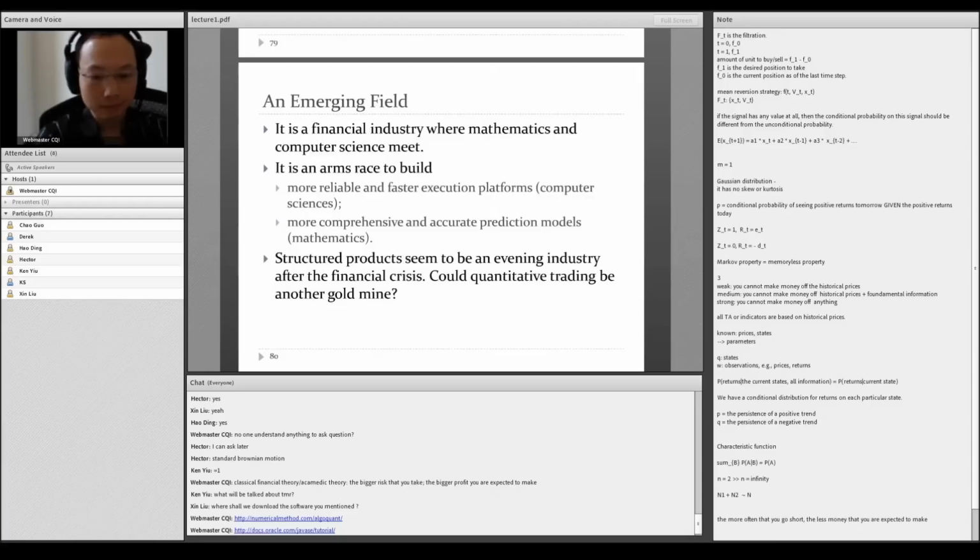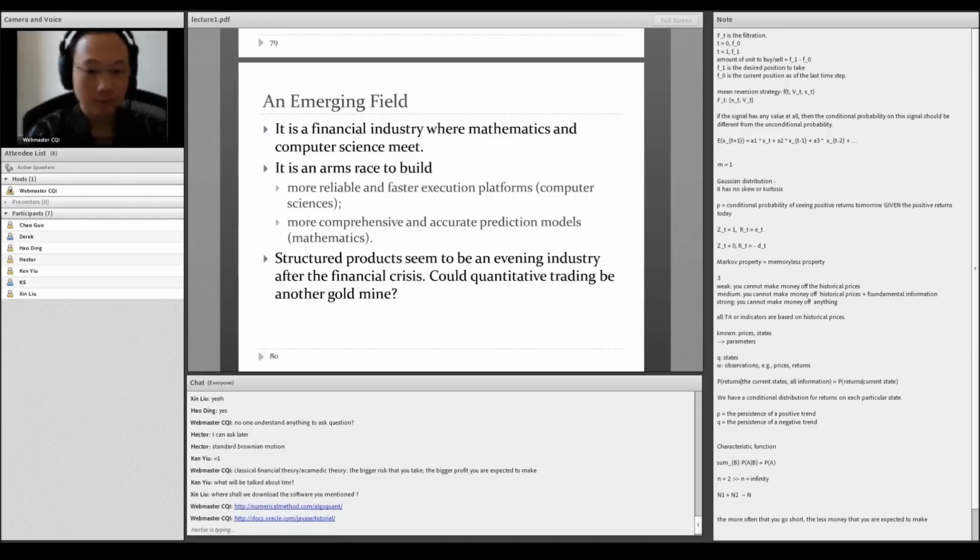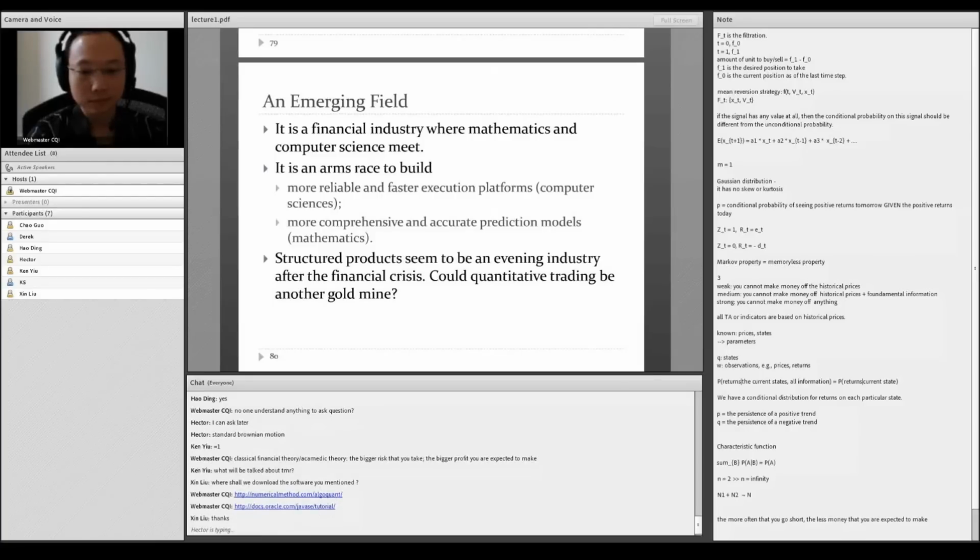Hector, you want to ask something? The lecture note is not enough if you want to get into details. The lecture note is just a reading summary from the original papers and book.